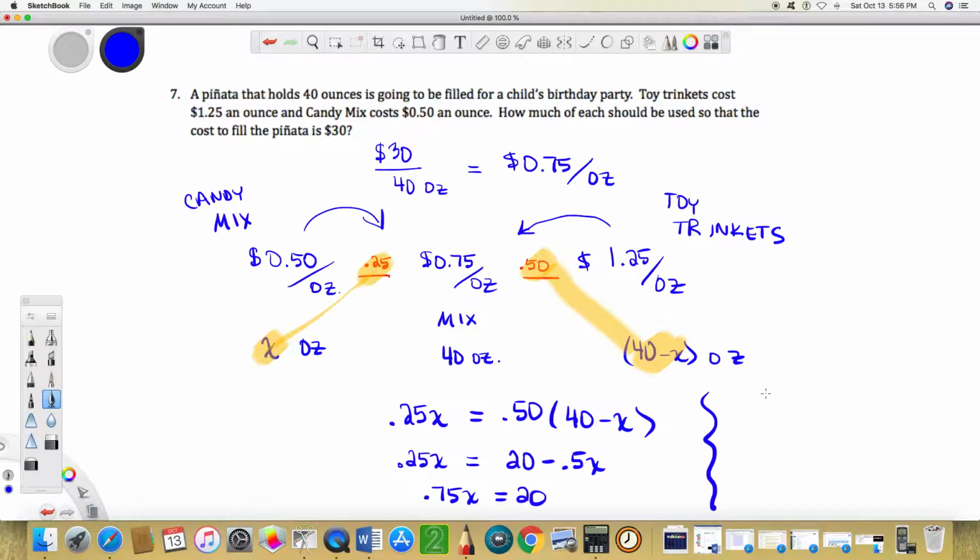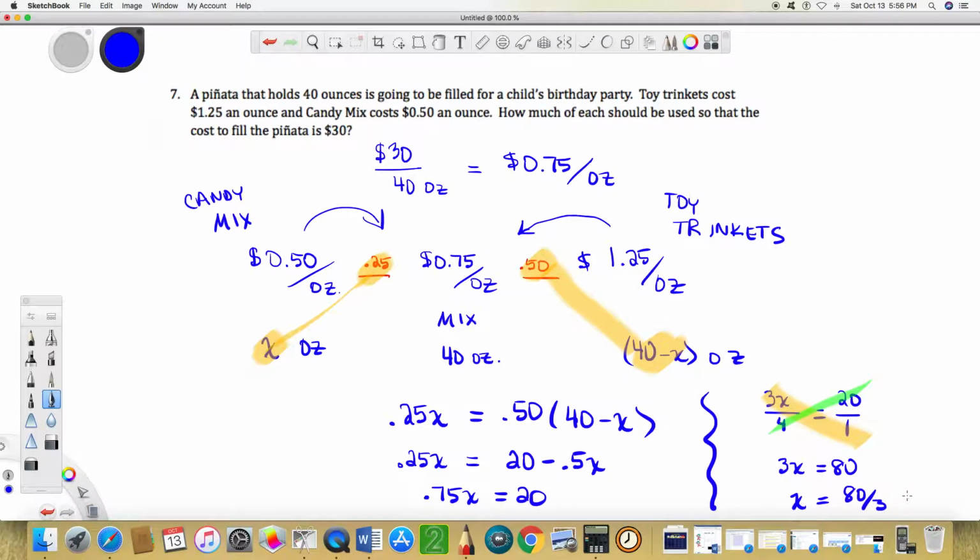So if I write it like this, and if we cross multiply for you, multiply along this diagonal, multiply along this diagonal, we get 3x is equal to 80, or x is 80 over 3.